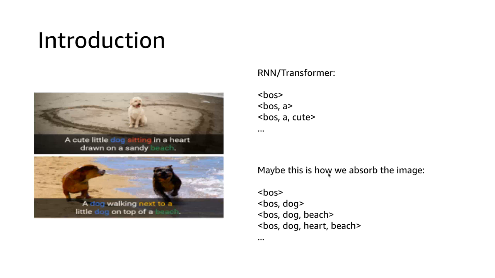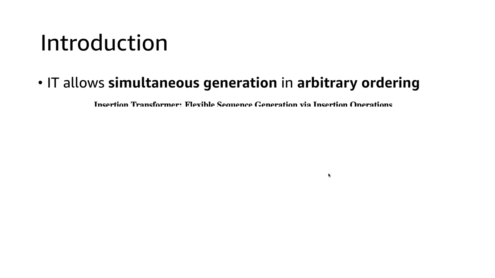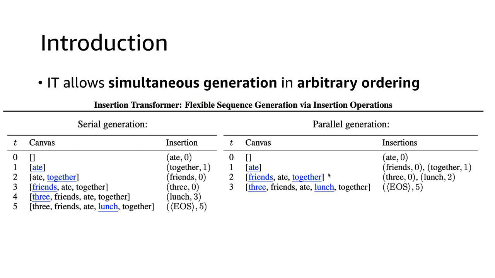So this is where elaborate orderings really help, where you need the flexibility to insert words at locations rather than only add words to an existing sentence. That is basically how I would motivate the insertion transformer.